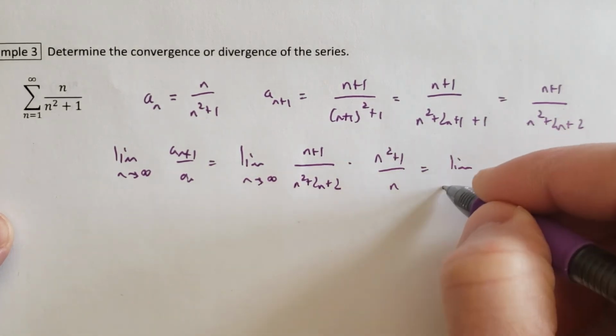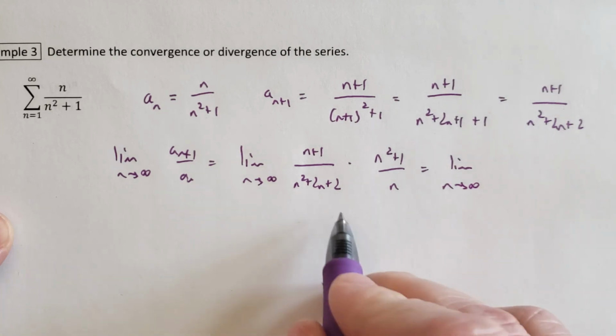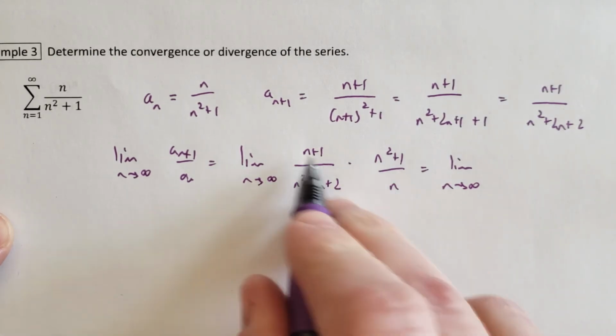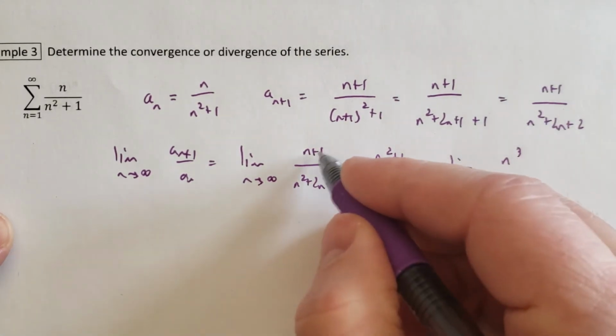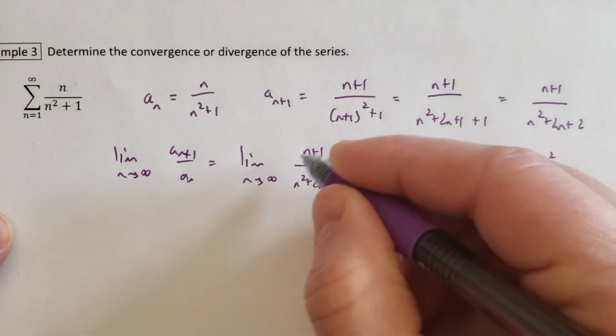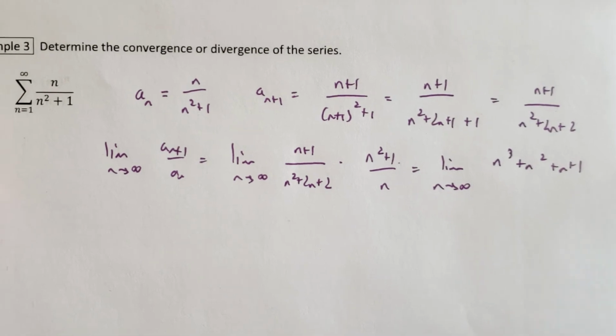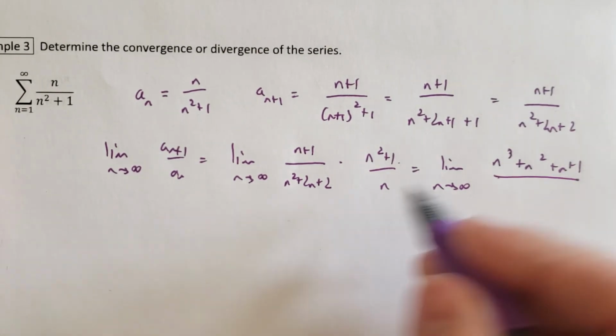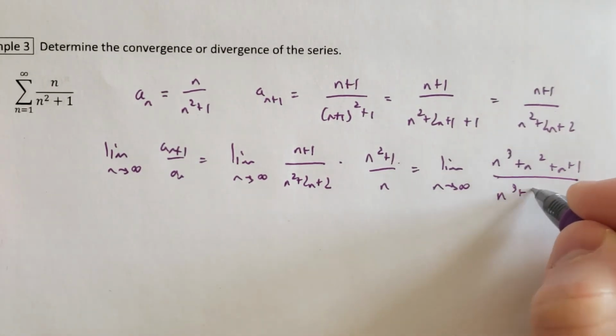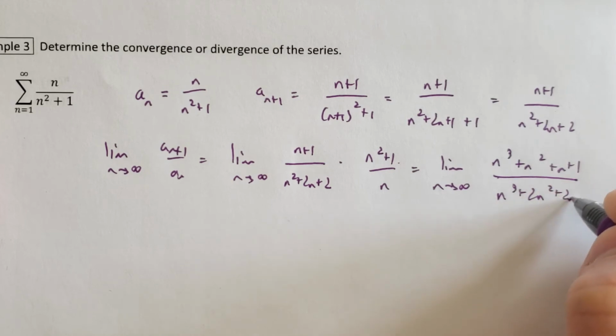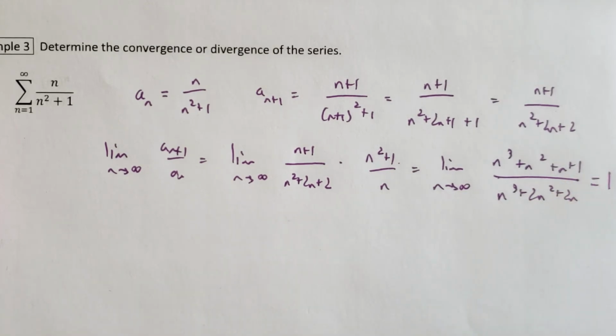And that gets me the limit as n goes to infinity. I think I'm just going to multiply all this out. We'll have n cubed plus n squared plus n plus 1 all over n cubed plus 2n squared plus 2n, and that limit is equal to 1.